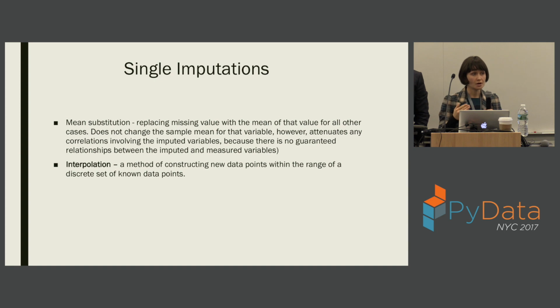For example, if you are trying to actually estimate the average number of records, you are losing your noise, in a sense, by replacing things by the mean. Another method is interpolation, which is usually meaningful if you have time series data, as in this case. We have per minute information, so we can use interpolation to impute the values.